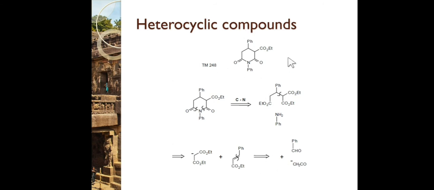So this is how we get heterocyclic compounds containing nitrogen or other heteroatoms. As a home assignment for this molecule, you need to write down the retrosynthesis and synthesis. Now let's go for the next molecule.